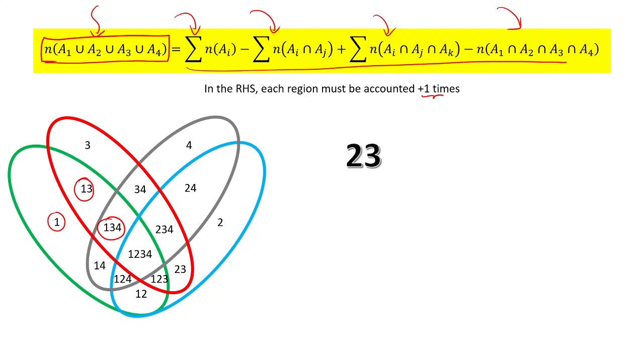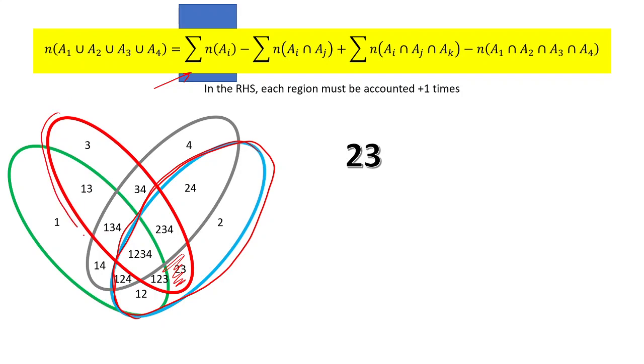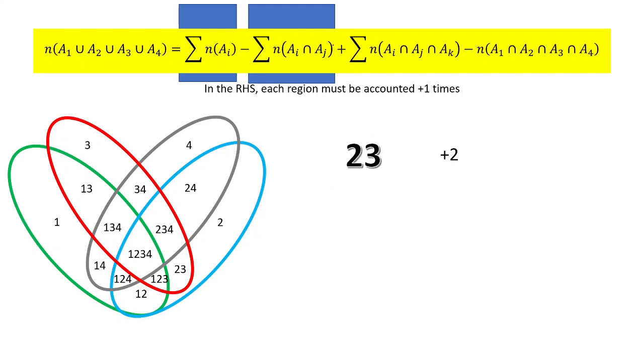Okay, so for example, let's say it's like 2, 3. So 2, 3, when you are summing in the first level, will be summed how many times? I think 2 times, because when you are summing the area inside the second set, you encounter 2, 3 once, and when you are summing the area of the third set, you encounter this 2, 3 there also. So you will encounter it 2 times, so plus 2 times. But in the next level, when you are subtracting the intersection of 2 sets, 2, 3 will be encountered only once, when you will be subtracting the intersection of 2 and 3.